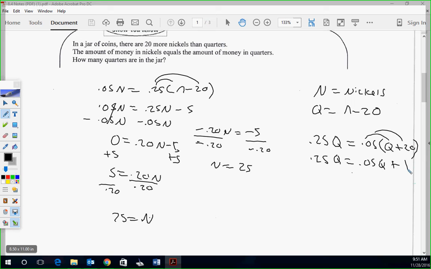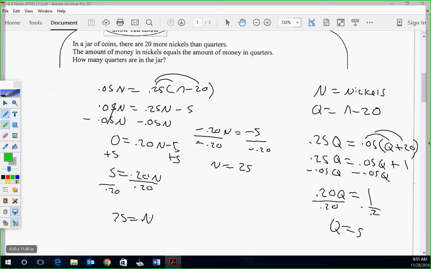You'd subtract 0.05q. That gives me 0.20q. Divide by 0.2, not negative 0.2. You're going to get quarters is 5, which makes sense because 25 and 5 are 20 apart, which is what it said.